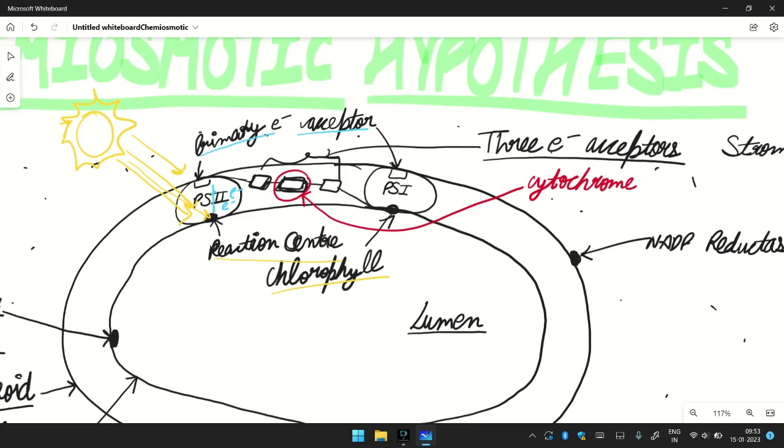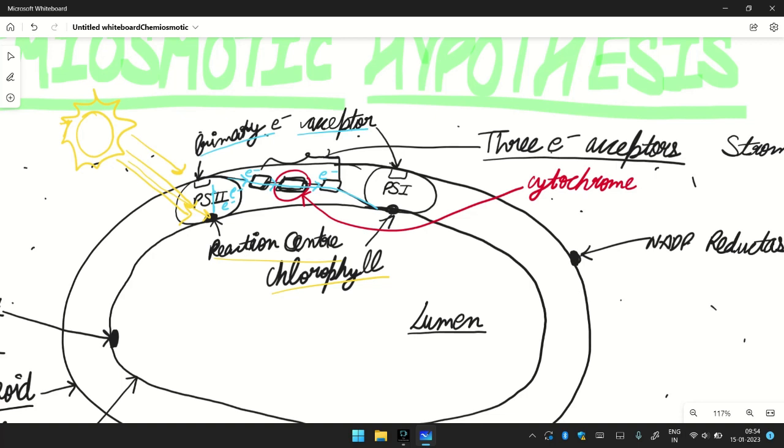And these electrons are going to pass through the electron transport chain. So this is our electron transport chain. When the electron passes from a higher level to a lower level, it releases energy.